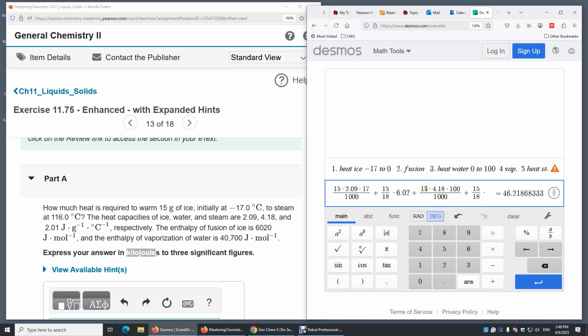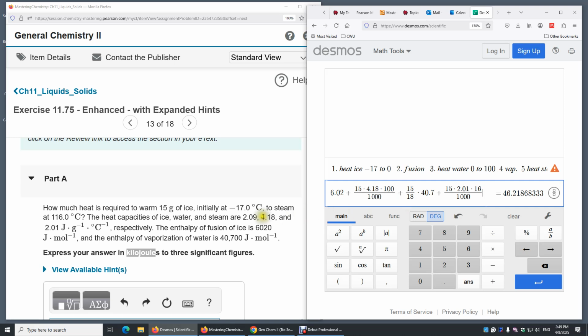Right here, mass, specific heat capacity of liquid times the temperature change of liquid. And then at 100 degrees Celsius, we need the heat for vaporization, the number of moles and heat of vaporization in kilojoules per mole. Finally, we need to heat up the steam from 100 degrees Celsius to 116. The temperature change is 16, the mass is 15 grams, and we have the specific heat capacity for the steam.